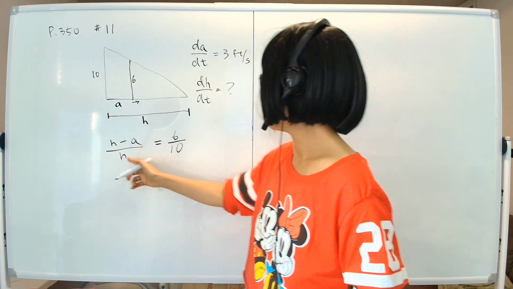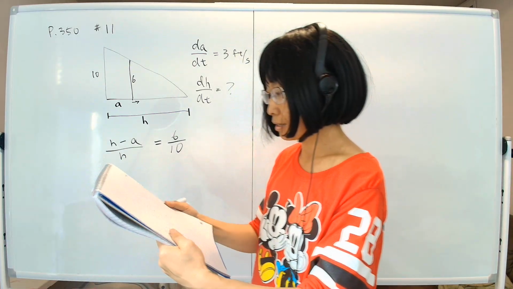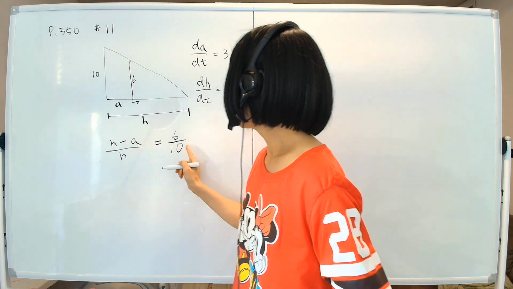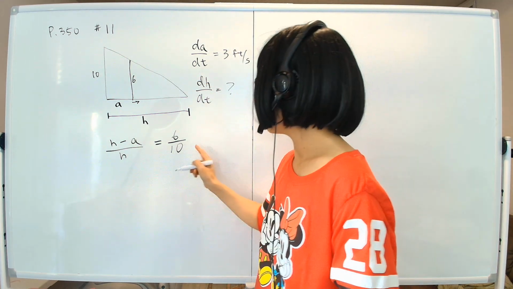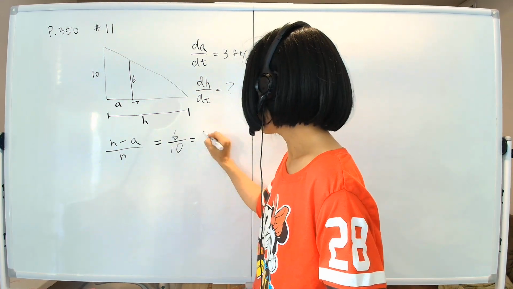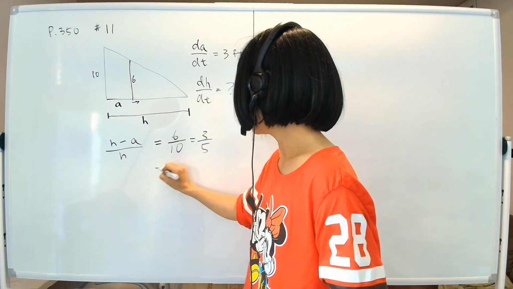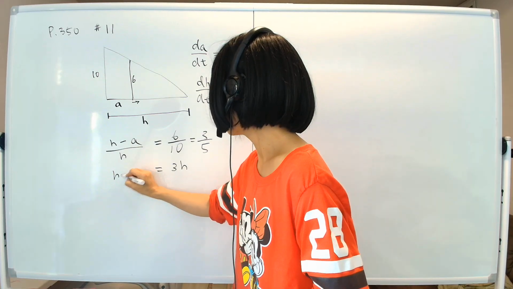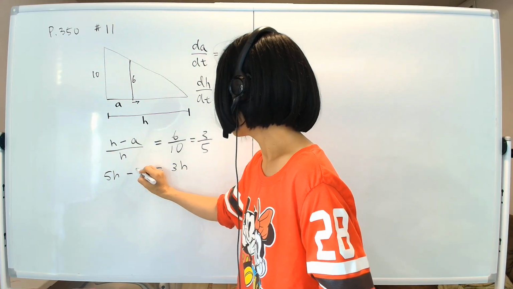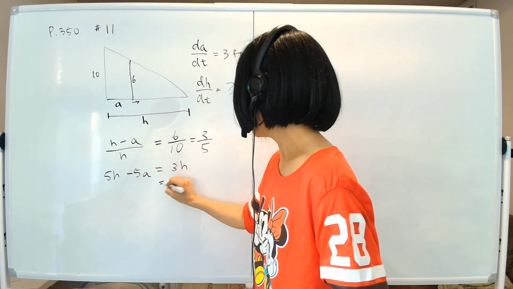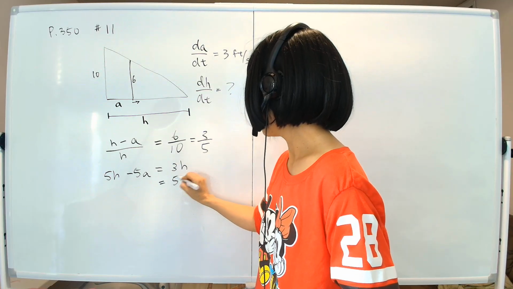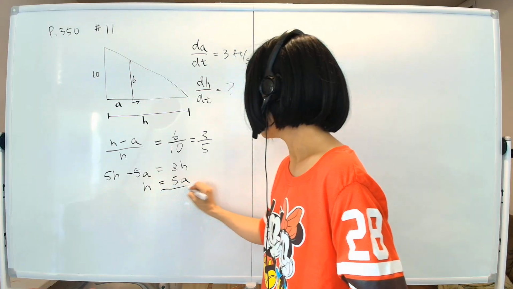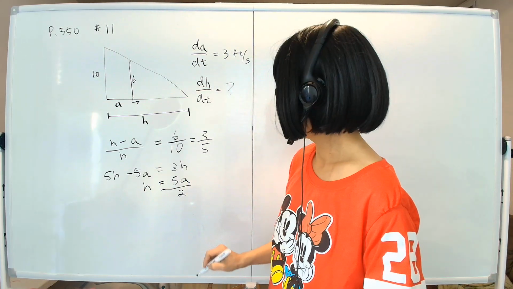If you clear this out a little, we do some basic algebra. That equals 3 over 5, so 3h equals 5h minus 5a. Putting 5a over here, that's 2h, so h equals 5a divided by 2.